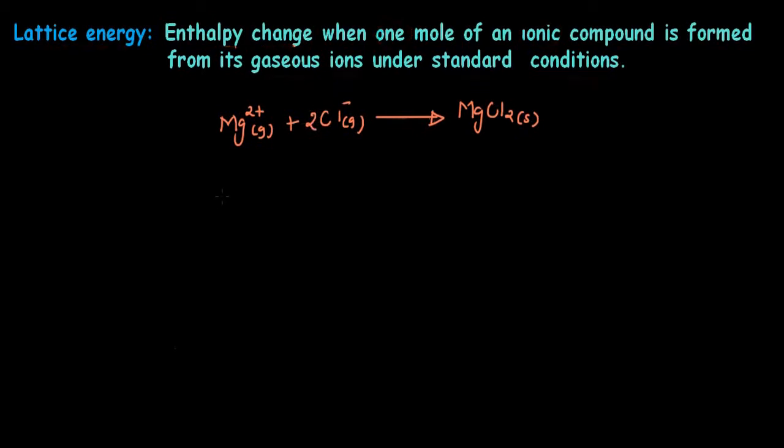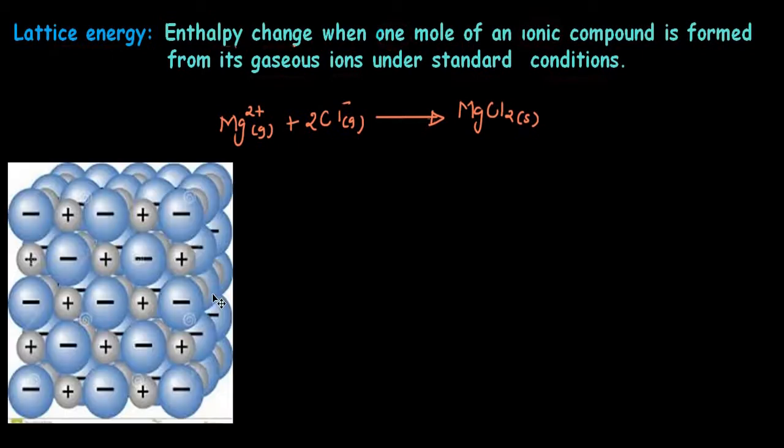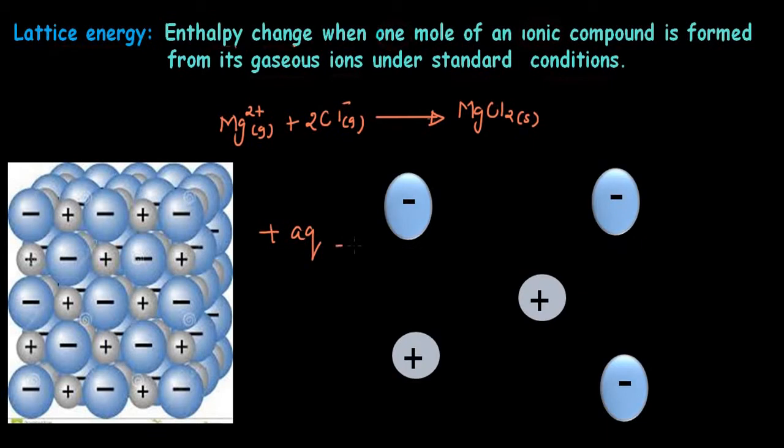Now let's understand the process of enthalpy of solution with the help of a diagram. Suppose this is an ionic solid which dissolves in water, then it gets separated into negative and positive ions, and these ions get surrounded by water molecules.